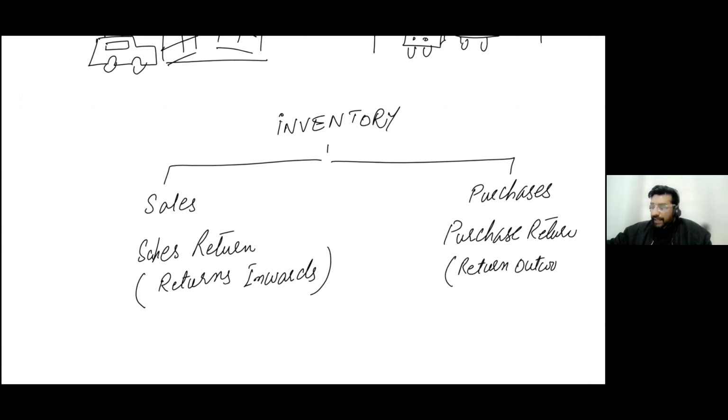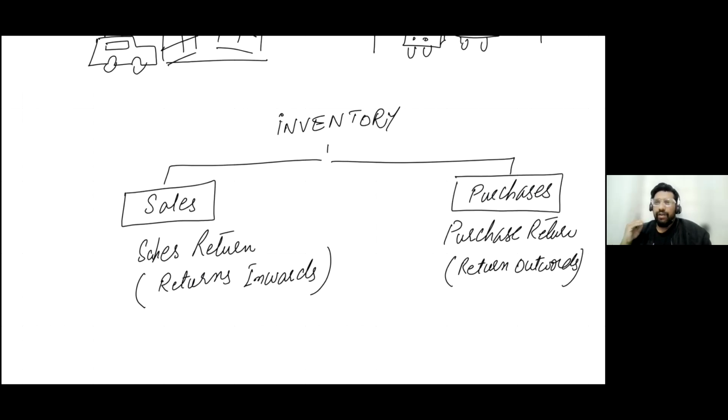So sales, as the name suggests, when you're making the sales, you're selling your products, you're going to book the amount in your sales account. When you're purchasing, remember, we are just talking about the purchases of the inventory, the stock. For example, when our business was buying t-shirts, that's purchases.